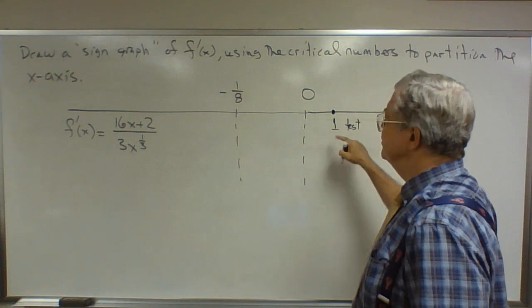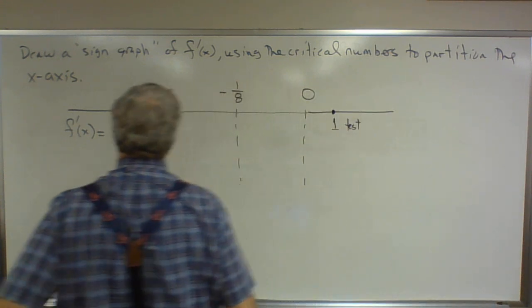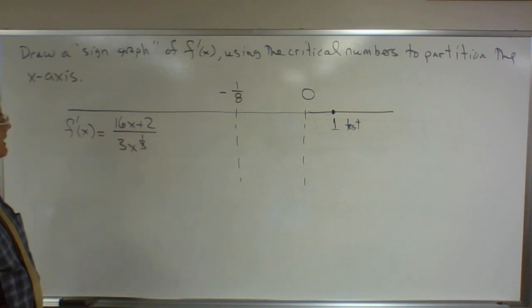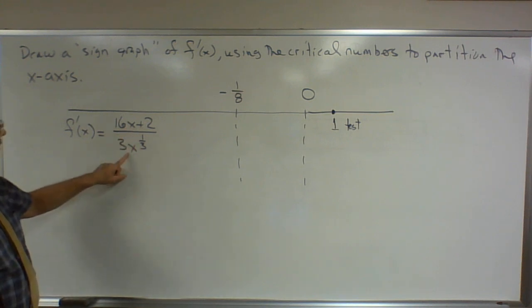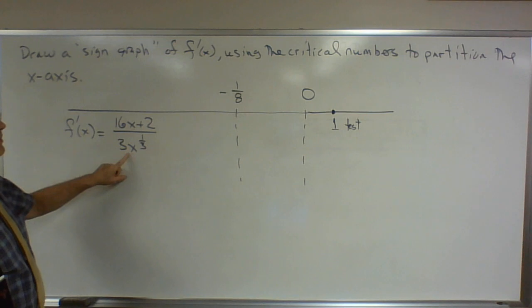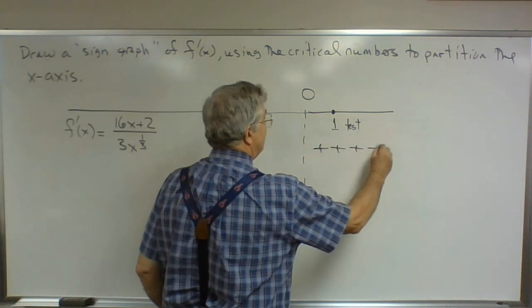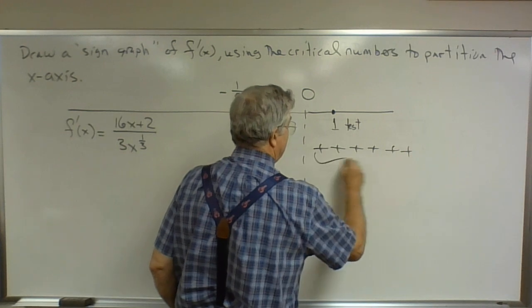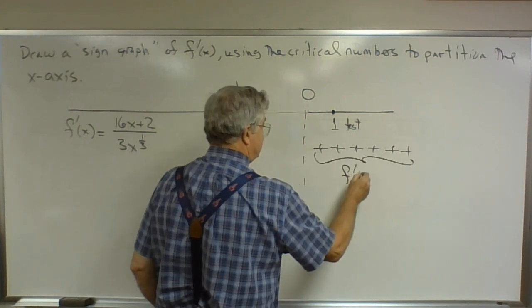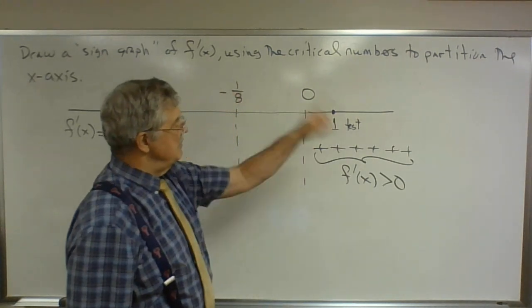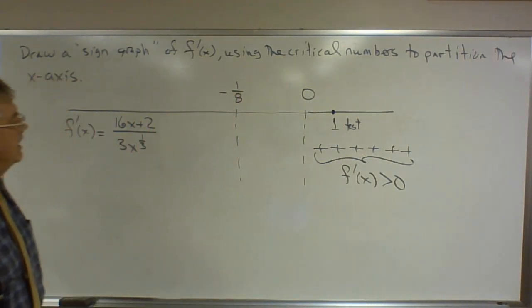We'll use 1 as a test point. Plugging in 1 for x, we have 16 plus 2 is 18. Over 3 is 6, which is positive. So on the interval 0 to infinity, f prime is positive.